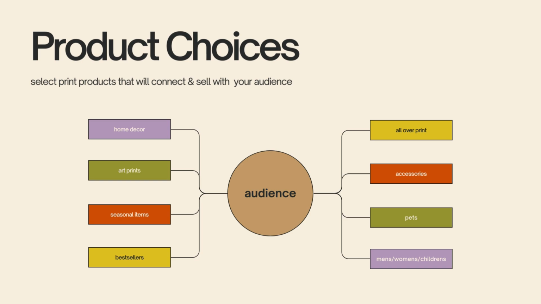That could be an audience that's going to be geared towards home decor, art prints, seasonal items, bestsellers, all over print accessories, or pets. Now, there are probably thousands of products within these categories, as well as the audience that would be interested in these products.